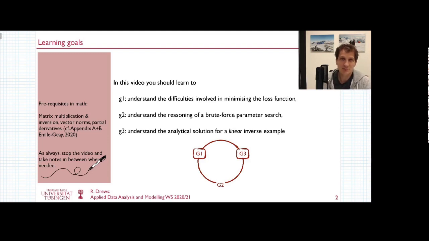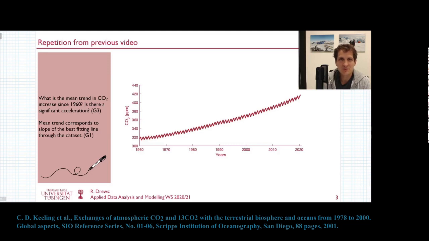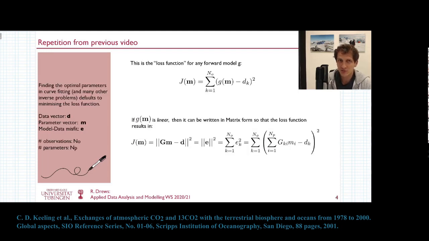Okay, so let's briefly reiterate what we actually wanted to do. We wanted to understand what was the mean trend of increase in atmospheric CO2 since the 1960s to today, and for this we found that we needed to fit a line to this famous Keeling curve. In order to do so, we defined the terminology of the loss function for very general forward models.